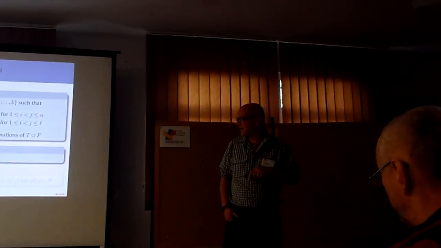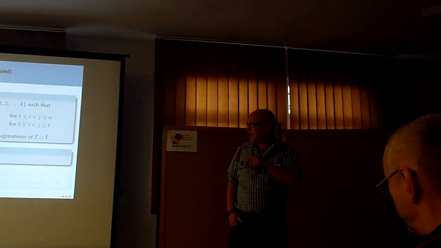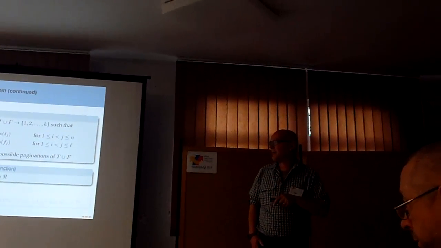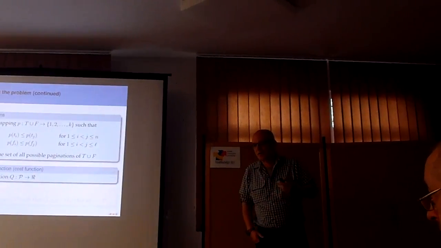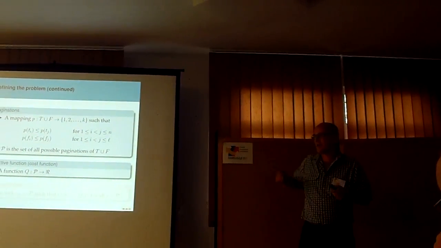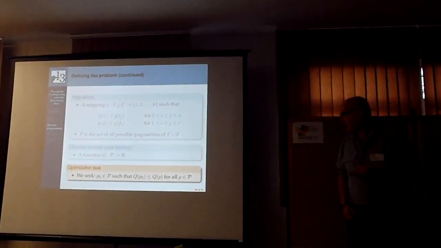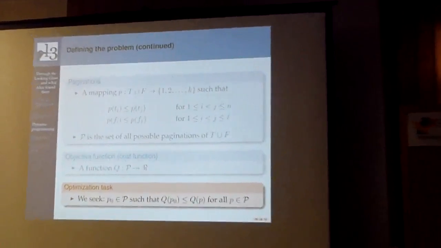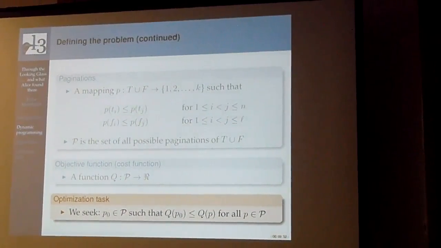This is basically a function that takes elements from this and produces some real number, or it could produce some positive integer, if you like. And what we try to find is one pagination that is minimal under this function. In other words, there is no other pagination that has a lower result.